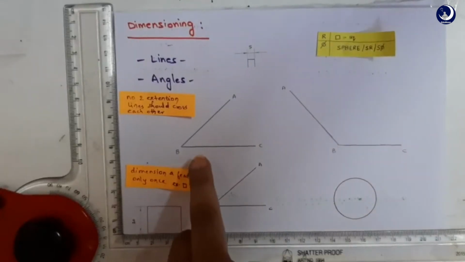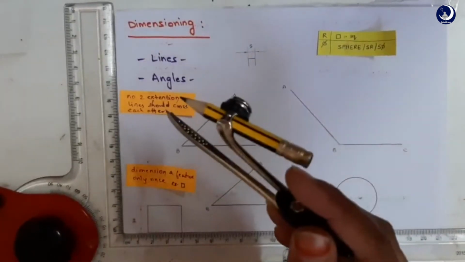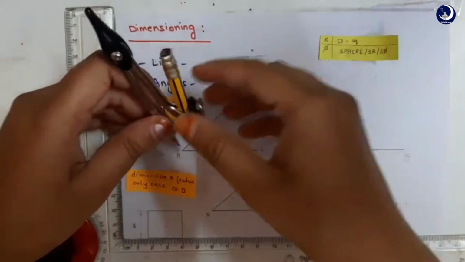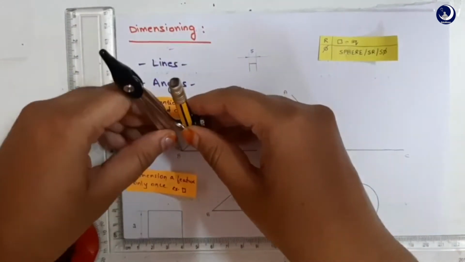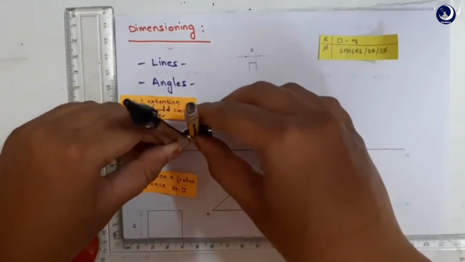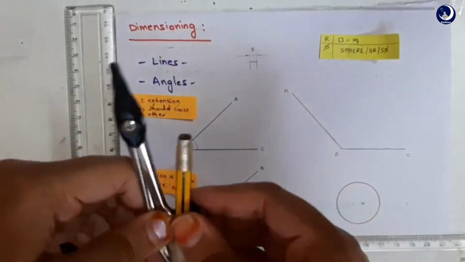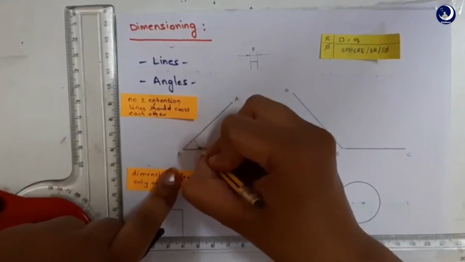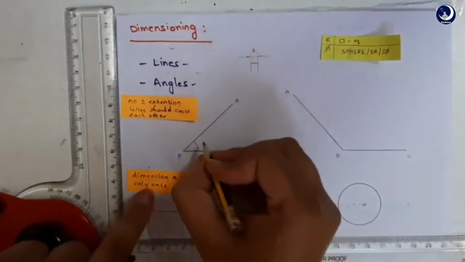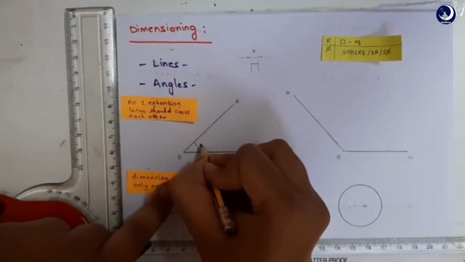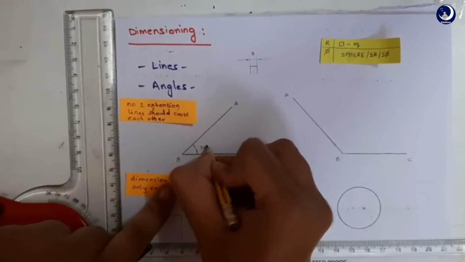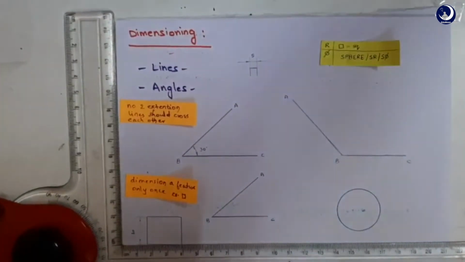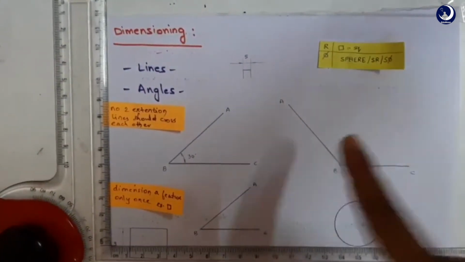To dimension angles, we will be using a compass. Let us dimension this too.